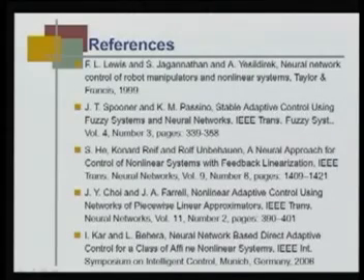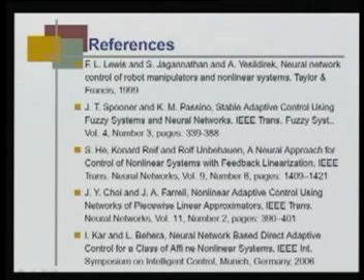Those who are further interested to work on this problem can follow these references. Lewis, Jagannathan, and Dawson, Neural Network Control of Robot Manipulators and Nonlinear Systems, a book published by Taylor and Francis in 1999.